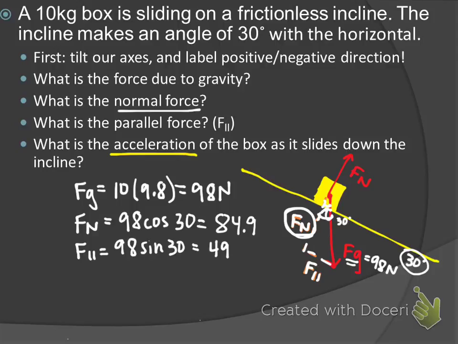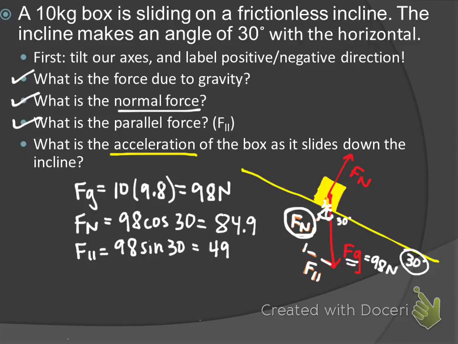Okay? So now we've found the force due to gravity, the normal force, and the parallel force. We want to find the acceleration of the box as it slides down the incline. So do you think we're looking for vertical acceleration or horizontal acceleration? That means we're only really concerned with our horizontal forces, which means we really truly didn't need to solve for the normal force, but oh well.